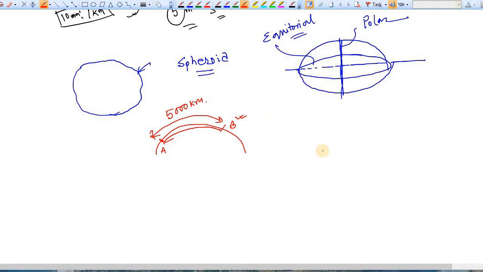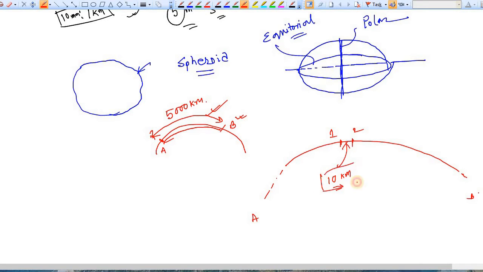Now let's say this is the zoomed portion from A to B, and A is somewhere here and B is somewhere here. Now take two points, this is point 1, this is point 2, and the distance between them is only, let's say, 10 kilometer. So compared to the earlier distance, it is very less.